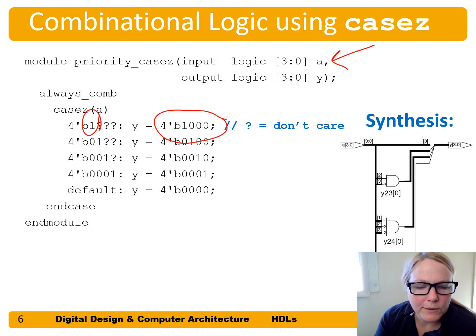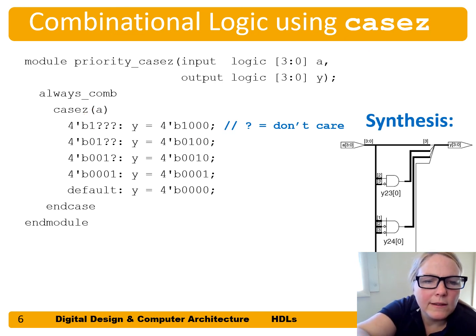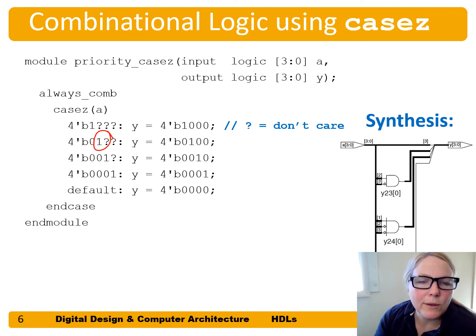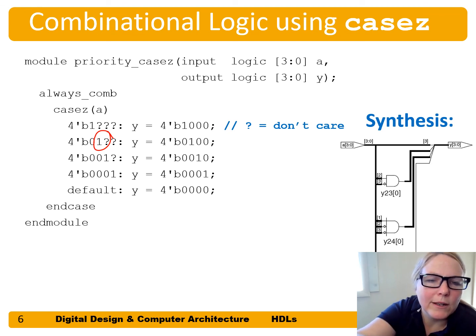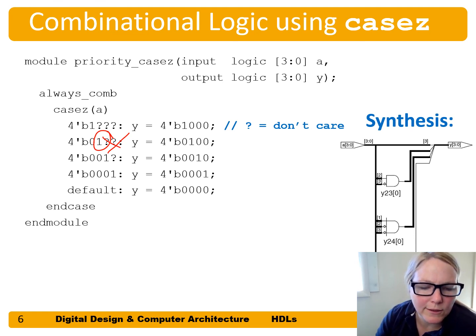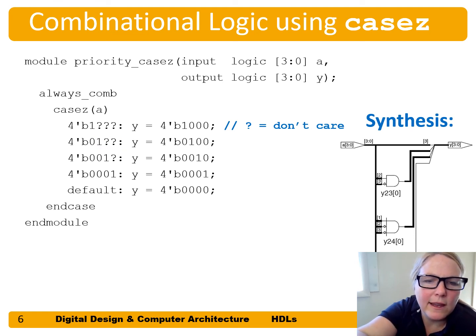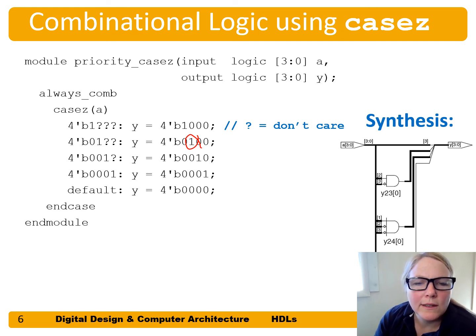That will cause Y sub 3 to be 1. Likewise, if A sub 3 didn't request it, but A sub 2 input did request or was high, then it doesn't matter what A sub 1 and 0 are. Those are don't cares. That question mark means don't care. And then A sub 2 gets it by saying Y sub 2 is 1, and so forth.